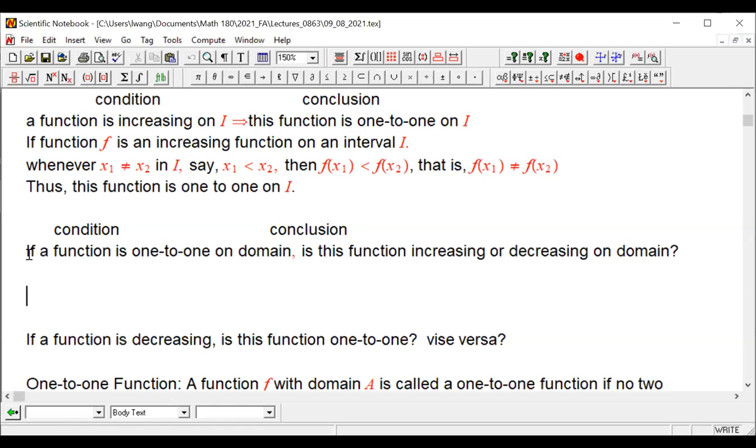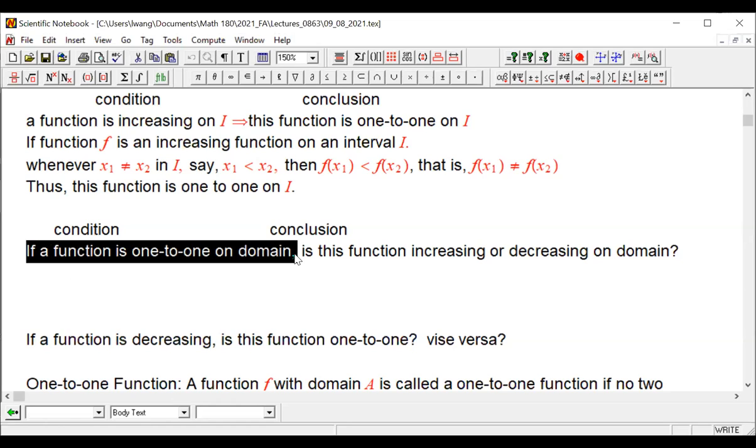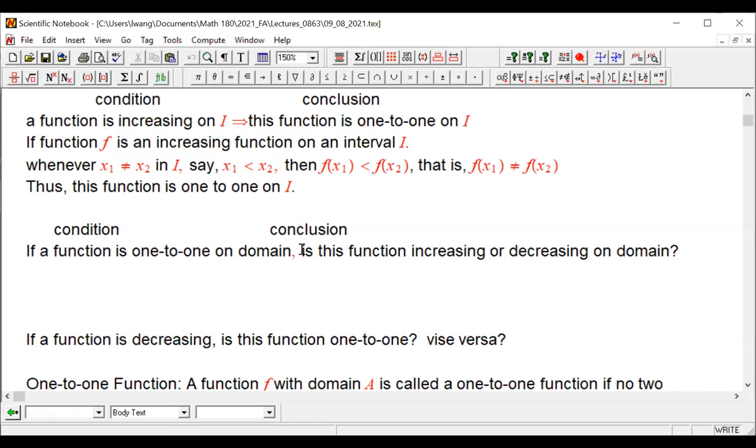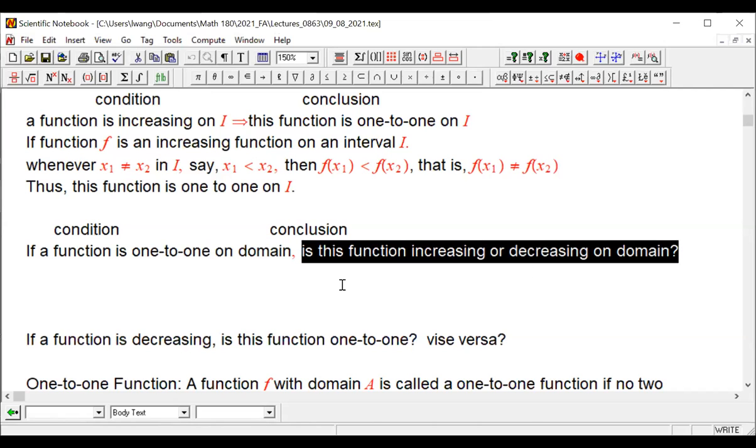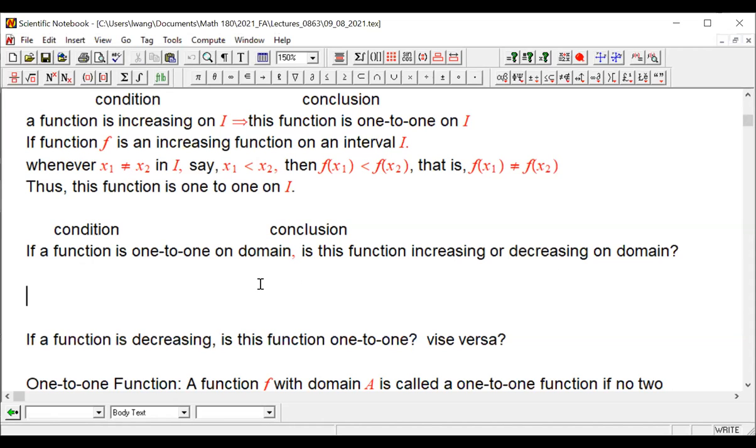Okay, so now this is the condition. Can we say the function is going to be increasing or decreasing? I want you guys to think about this. I don't intend to spend a lot of time here because I might lose a lot of you. I'm trying to give you a taste of calculus in terms of methodology study.